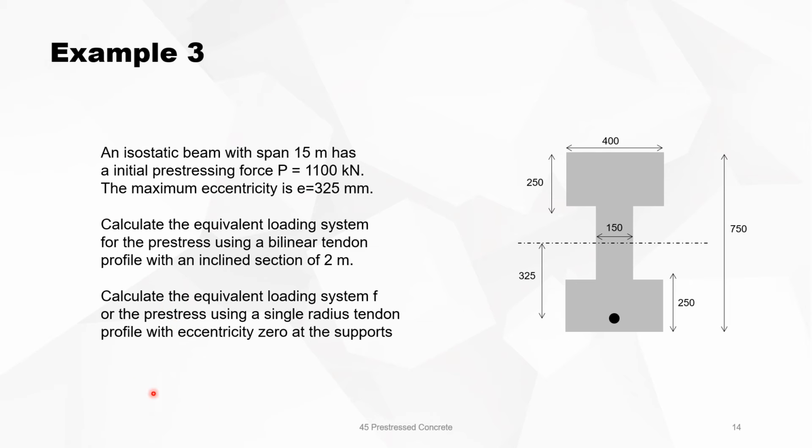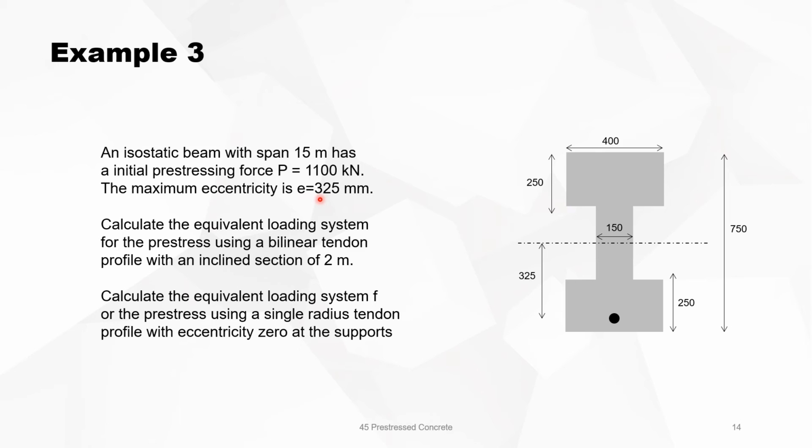Then we have example 3. Again, same isostatic beam with a span of 15 meters, an initial pre-stressing force of 1100 kilonewton and an eccentricity of 325. We will now calculate the equivalent loading system for the pre-stress using a bilinear tendon profile with an inclined section of 2 meters.